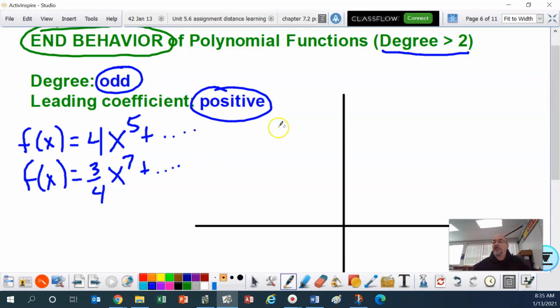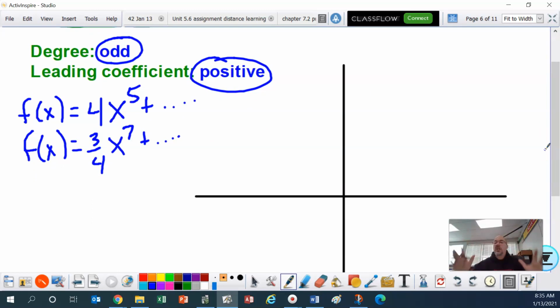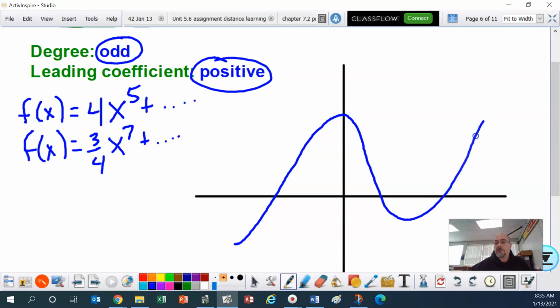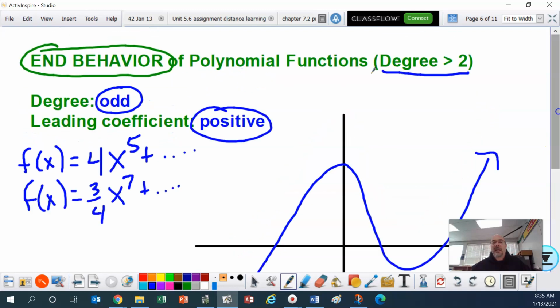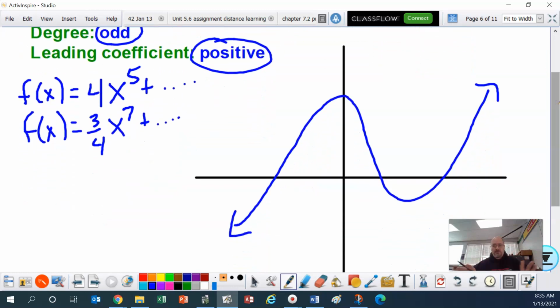So what does this do? In general, folks, the graph is going to look like this. Now the middle might be doing all kinds of weird things, but it's the end behavior that we're interested in. So the middle might not look like that, but the end behavior will be the same.